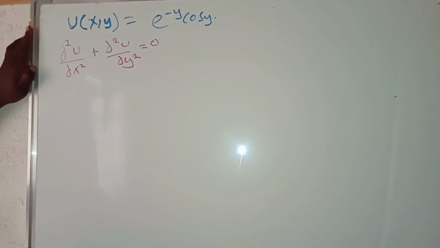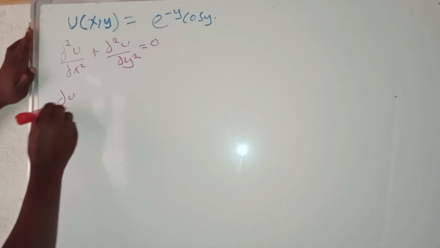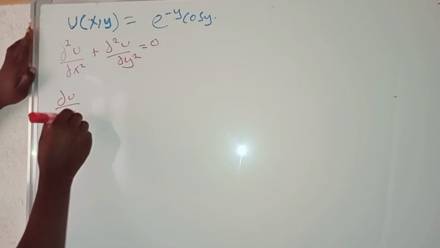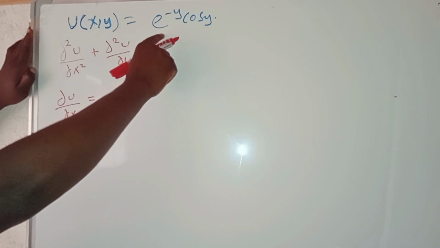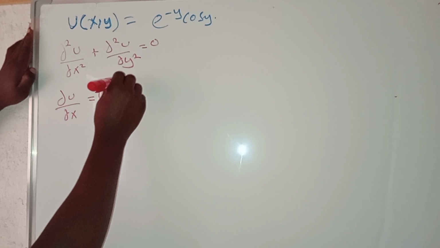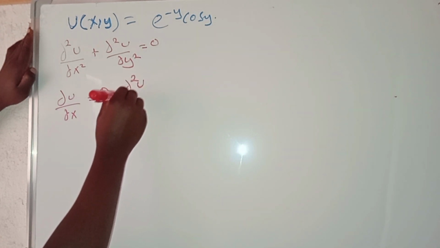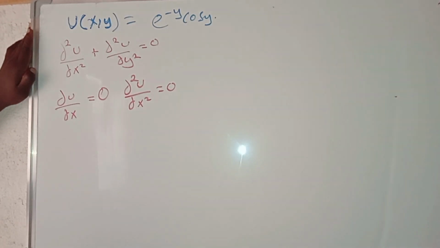So the partial second derivative of u from our given question with respect to x will be, we don't have our function in x, so it will be 0. The partial second derivative of u with respect to x is 0 again.